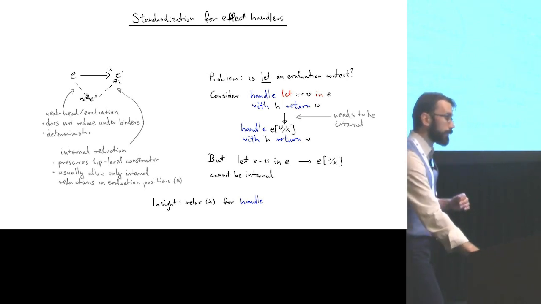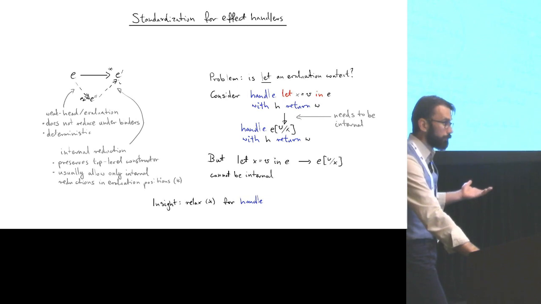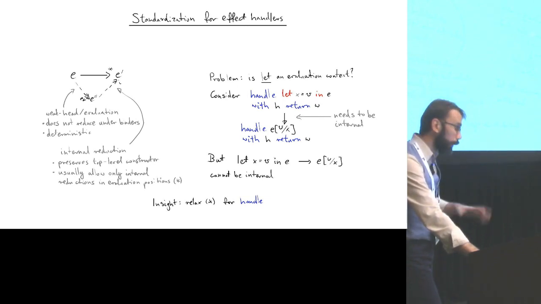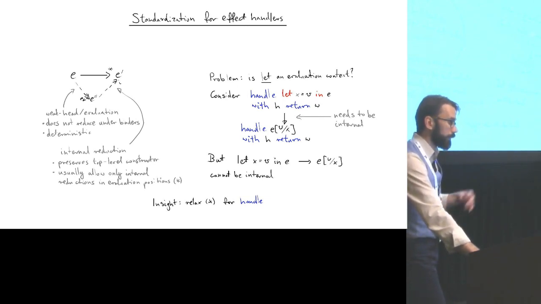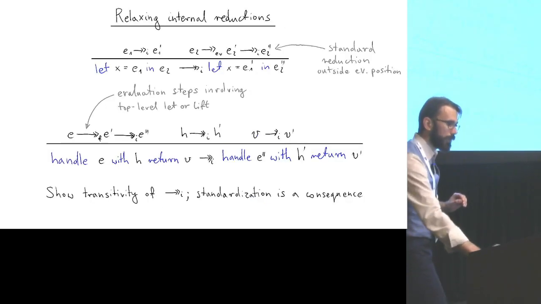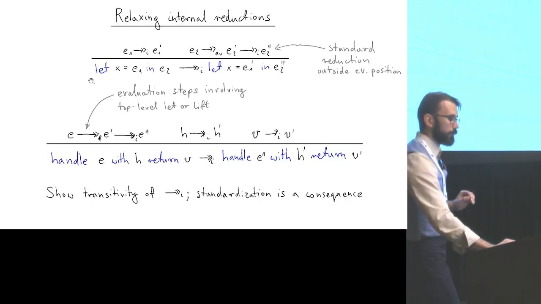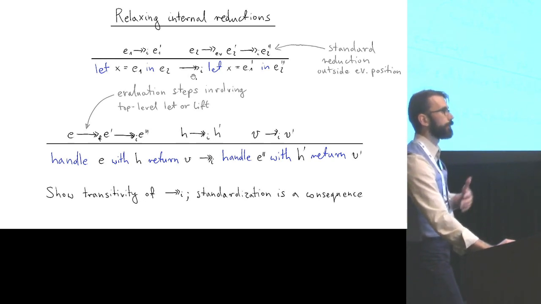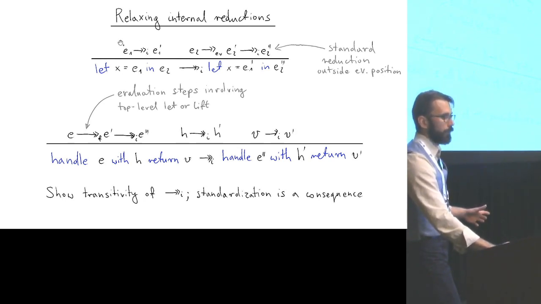So the idea here, how do we square the circle, is we relax the rule about internal reductions, but only for handle. For most constructors, the internal reduction is defined in this way: any sequence of reductions is internal for a let expression if we have a sequence of internal reductions on the left and a sequence of evaluation reductions followed by internal reductions on the right.